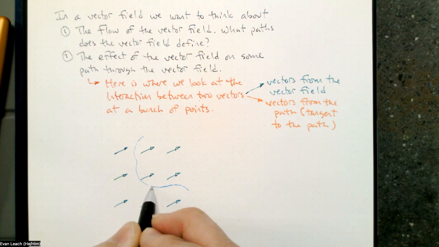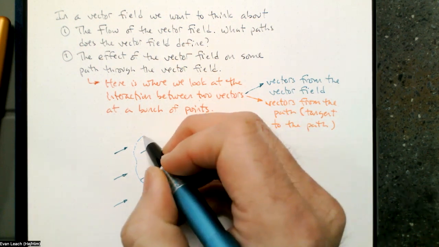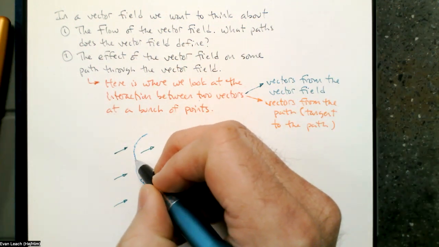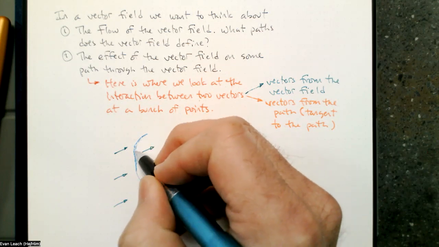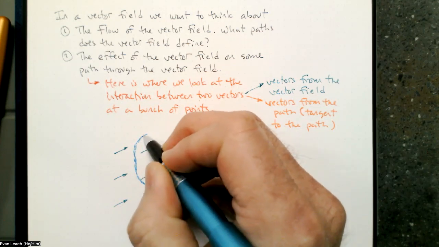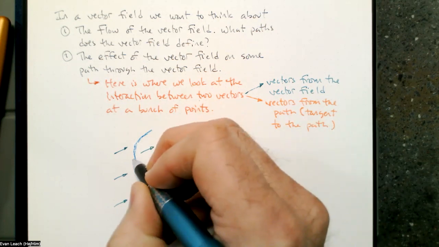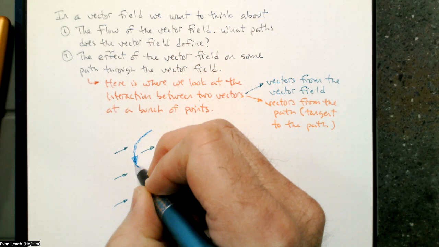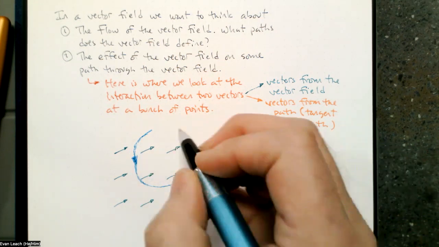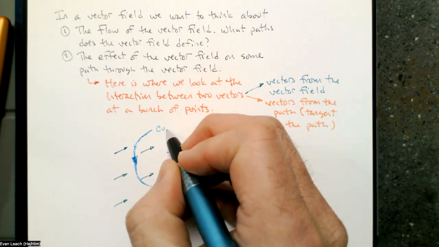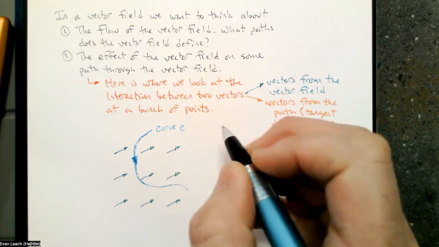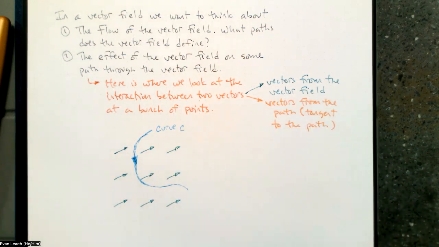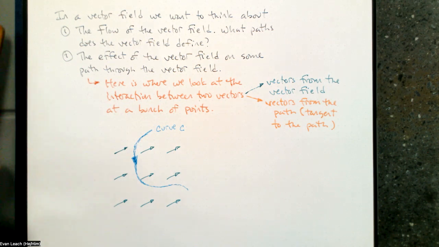I don't know why my path had to be so curvy, but I wanted to hit one of the tails of these vectors.